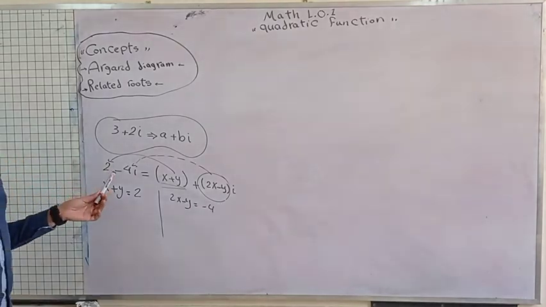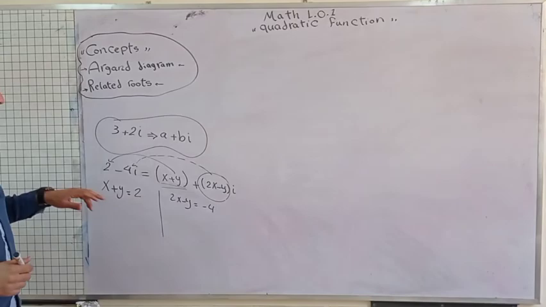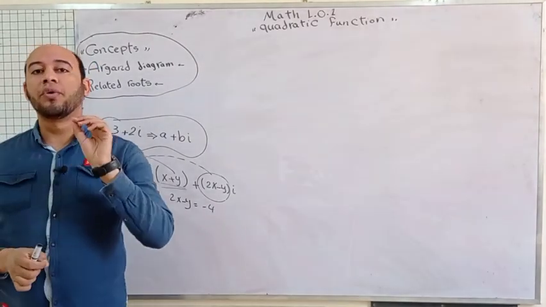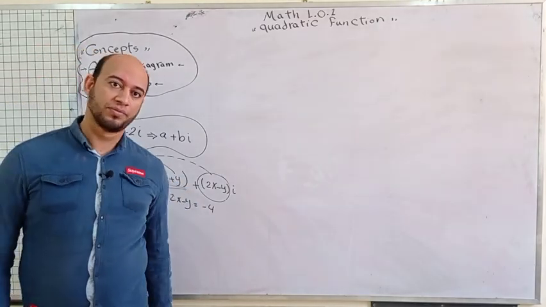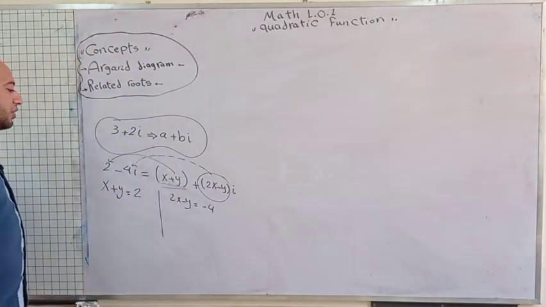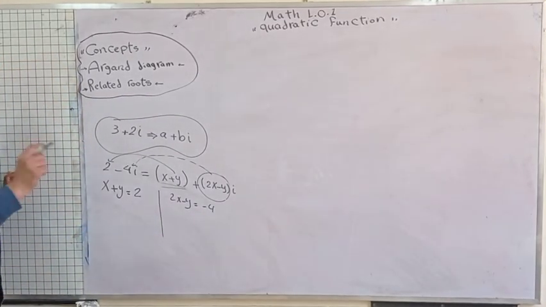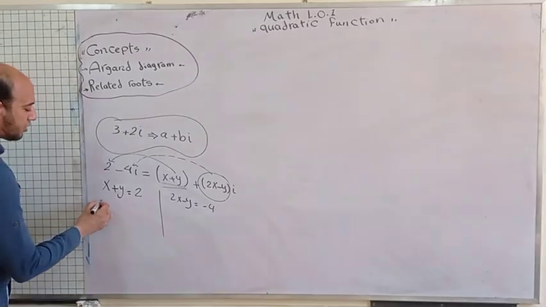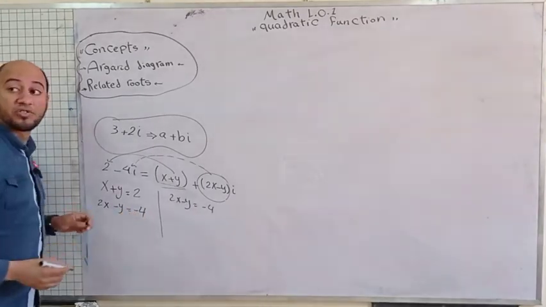We can use any of them, okay? But if one of these equations is of the second degree, we can only use the substitution method, not the elimination method. Let's apply the elimination method in this example because it is a simple equation. 2x minus y equals minus 4.